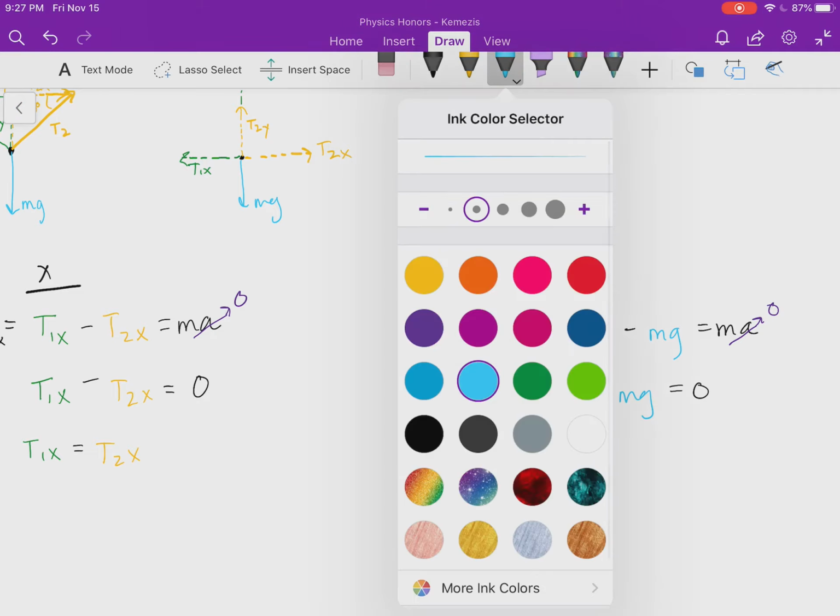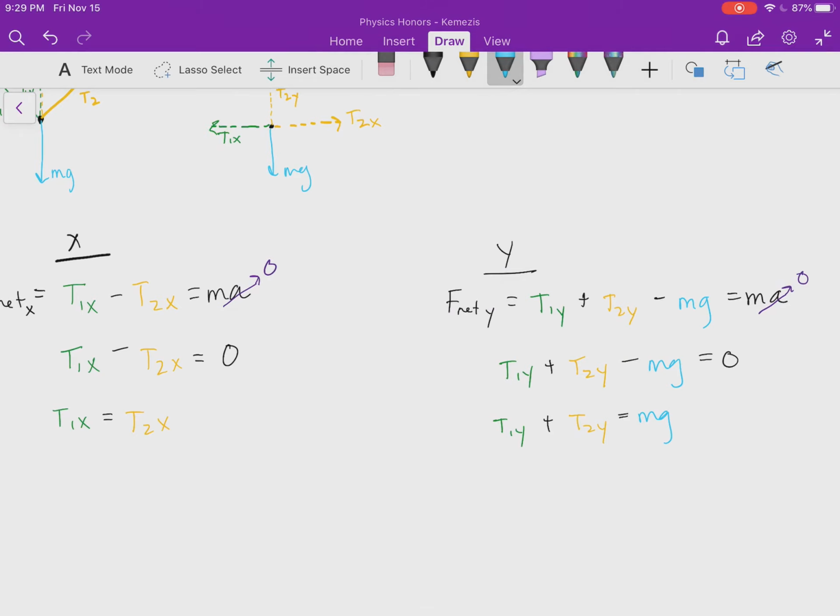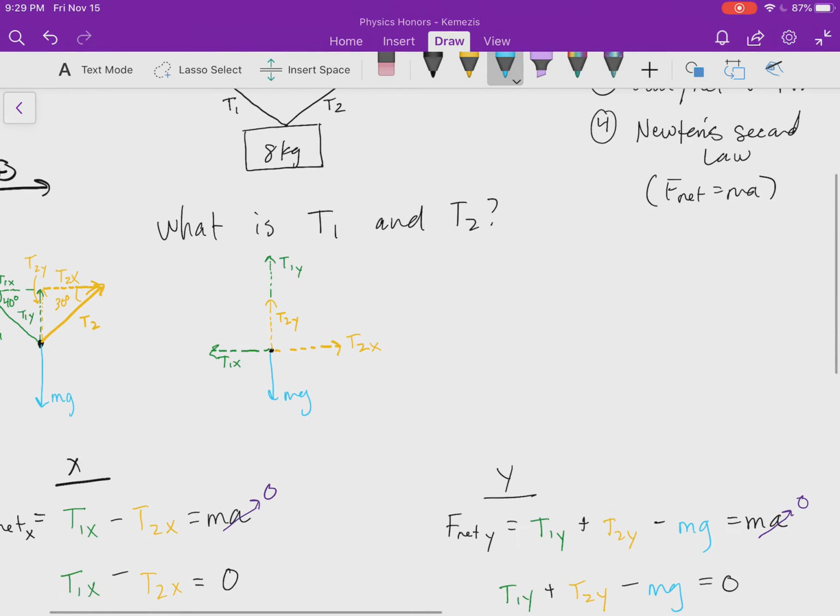We can rearrange this again, and we can say T1y plus T2y is equal to mg. So we're just rearranging these equations because they're both equal to 0. So when we add these two y components together, they have to equal mg, which we can see in our diagrams.